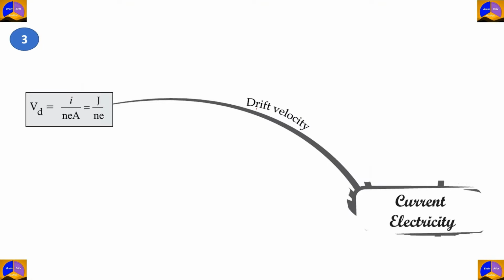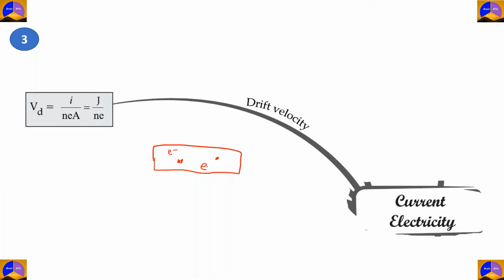What is drift velocity? In a conductor, the elements are made out of free valence electrons and metal elements, which are positive centers.